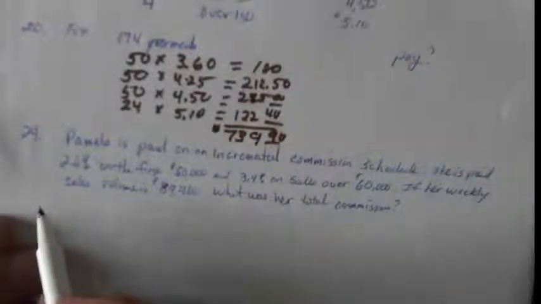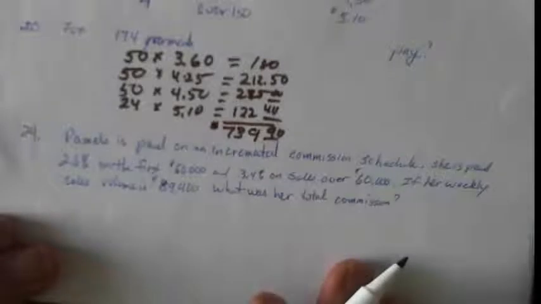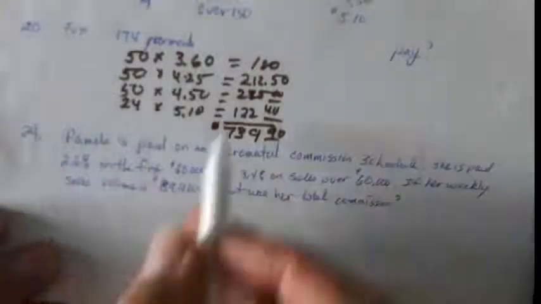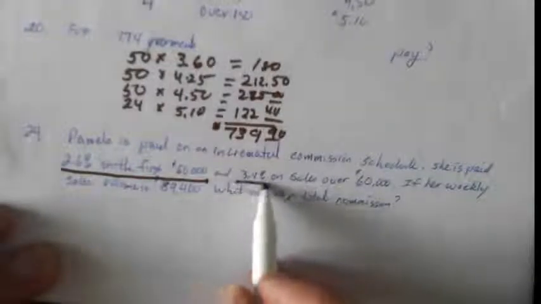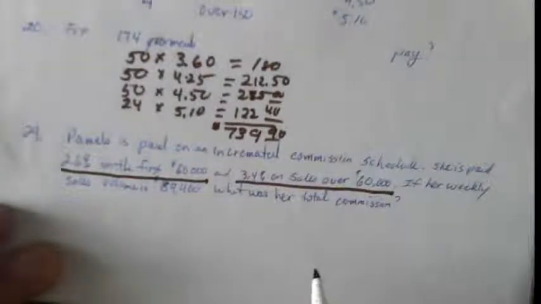One of the word problems I'd like to go over then, I've selected 24 because it's an incremental commission problem. She's paid one rate for the first amount. It's kind of like what we did with the garments here. She's paid 2.6 on the first 60,000 of her commissions, and then she's paid 3.4 on anything over the 60.